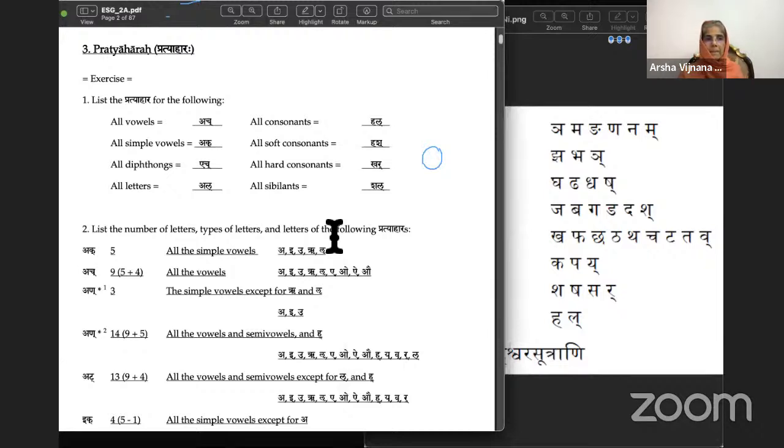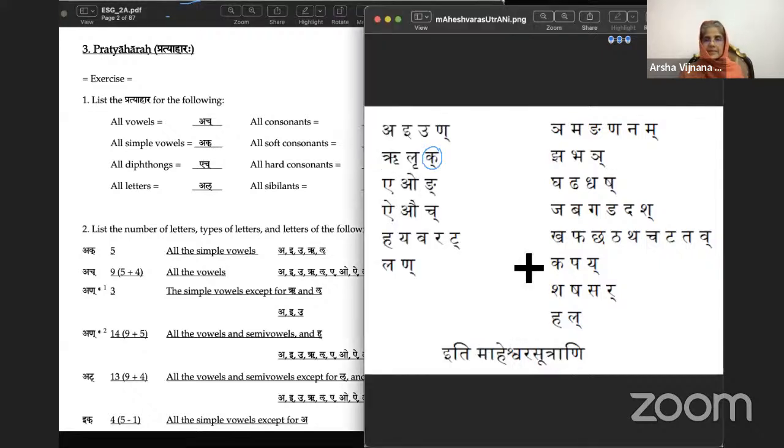And then, if we want to only select hard consonants, what would it be? Khar. Where is khar? Show me khar. Kha is here and Ra is there. Fifth row on the right side: 1, 2, 3, 4, 5. There you are.